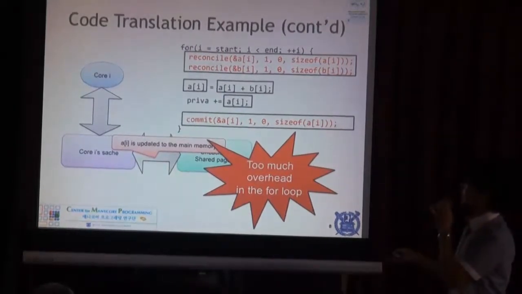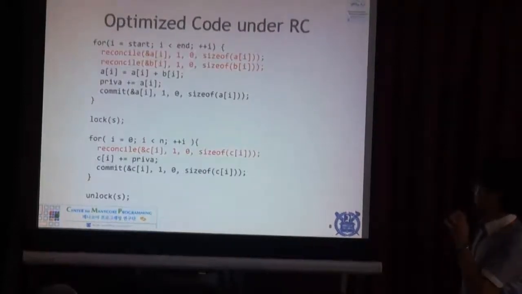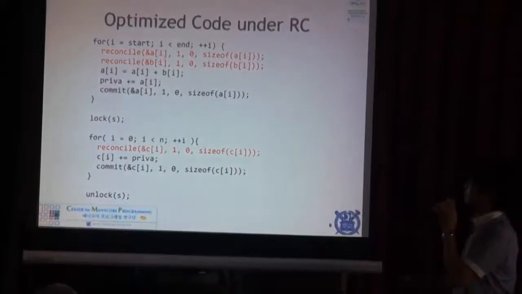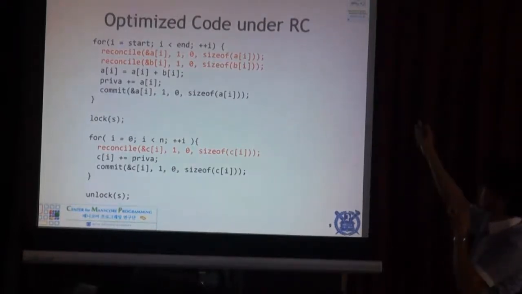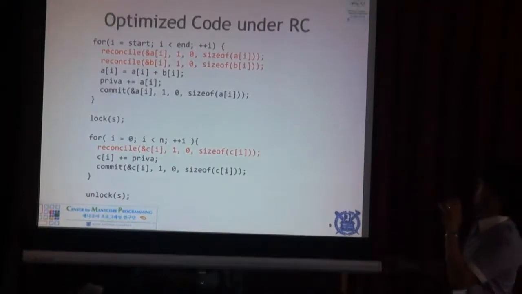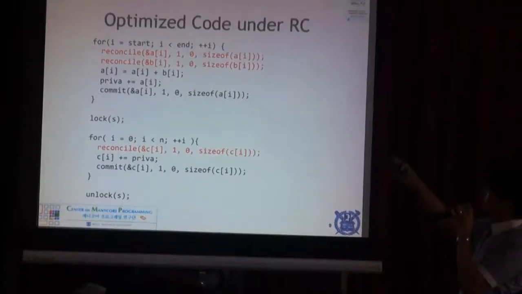So we need some optimization like moving them out of the for loop. Let's see how our optimization works. First, let's concentrate on the reconcile operation. When we move the operations out of the for loop, we need to merge all the invocations of each iteration into a single summarized operation. They have four arguments.